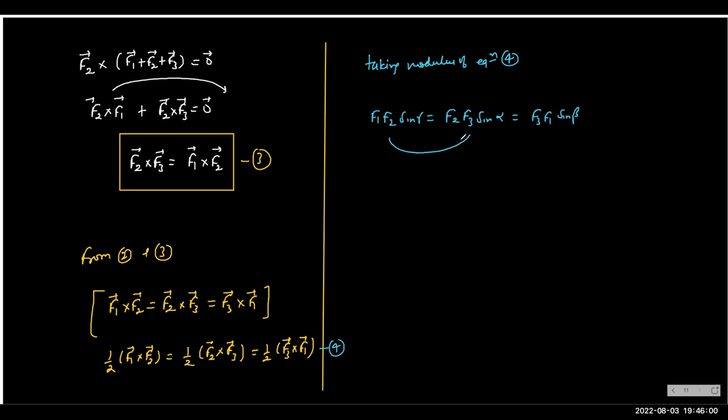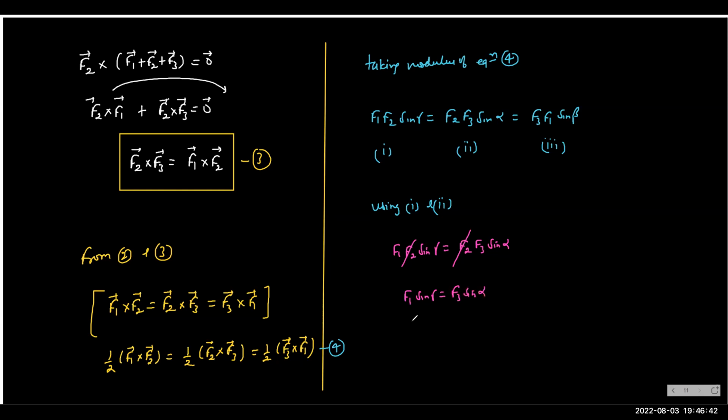You can choose these two equations. So from 1 and 2, what can you write? Let's call it 1, 2. So take pairwise, using 1 and 2. What can you write from 1 and 2? F2 gets cancelled. Tell me yes or no, guys. Yes, sir. So F1 sin gamma equals F3 sin alpha.